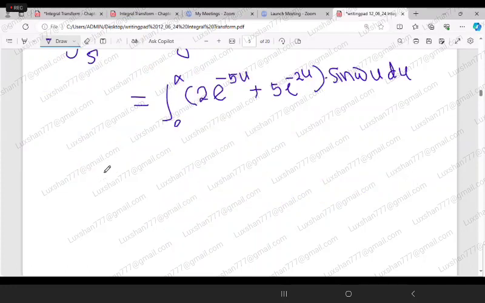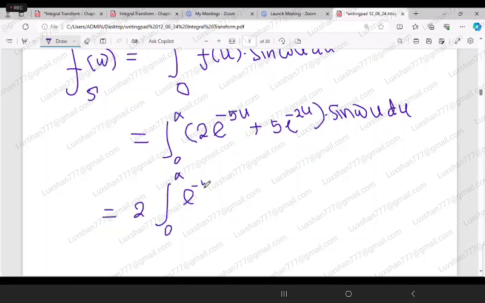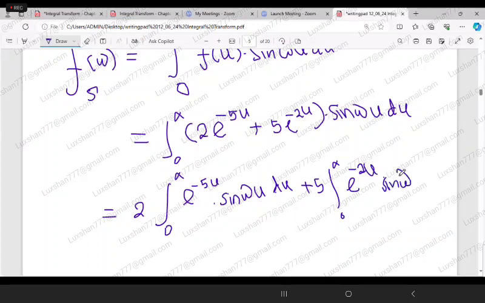You can write this as 2 times the integral from 0 to infinity of e to the power minus 5u sine omega u du, plus 5 times the integral from 0 to infinity of e to the power minus 2u sine omega u.